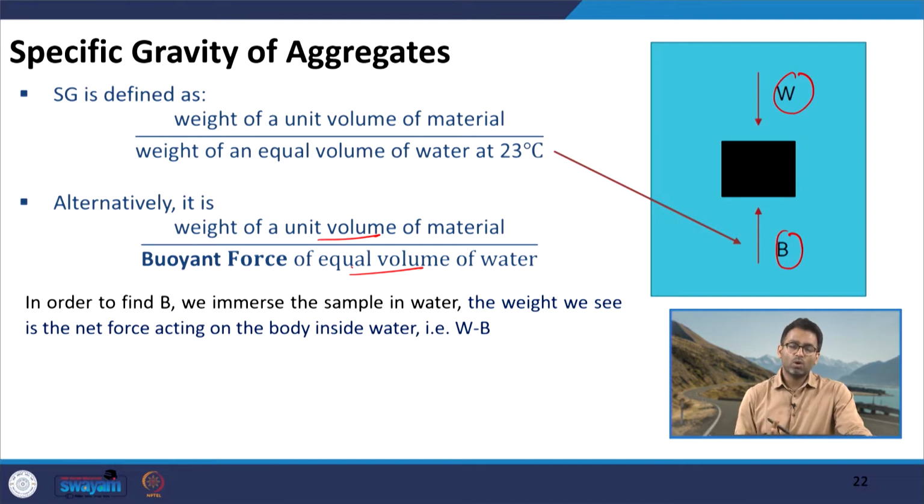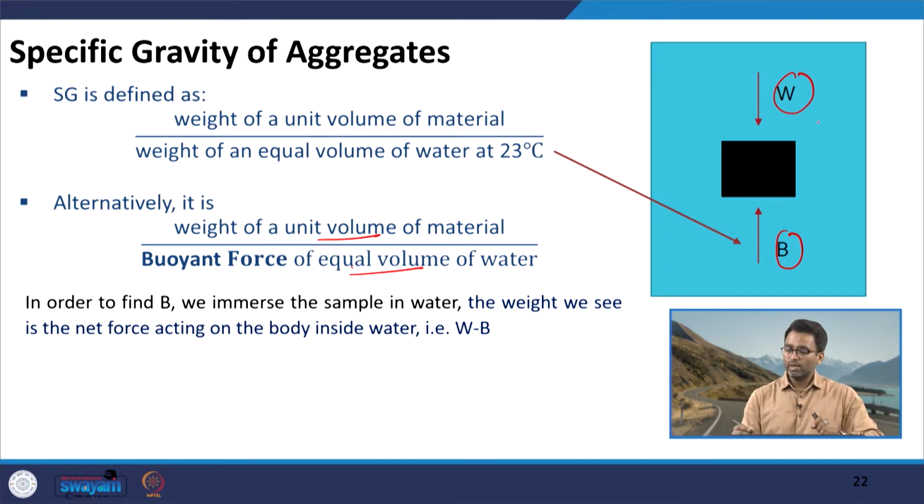Well, the weight of the material is simple. I can take a weighing pan, put the material on the weighing pan, and the weighing pan will display the weight. But when you talk about the denominator, which is the buoyant force, it is not very straightforward. What we typically do in the laboratory is take the material and immerse it in the water.